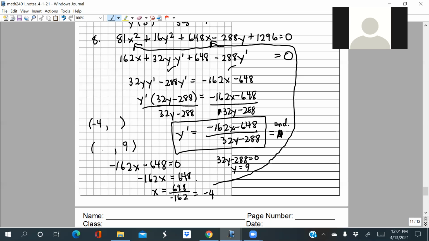Hey, Professor, I had a question. Other questions? Yeah, Lance. So for this question number 8, could the answer just be 9? Or did you want it to where it was like both? I think for WebAssign, it wanted the points. It wanted the coordinates of the points, Lance. So, yeah, both.